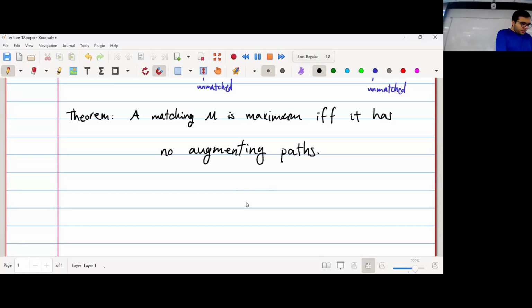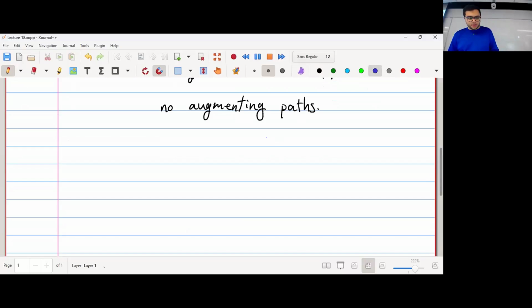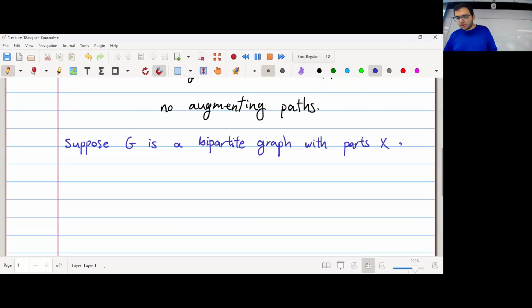Okay. But now I want to look at a different thing. I want to say, suppose my graph is bipartite. What can I say about a maximum matching in a bipartite graph? So suppose G is a bipartite graph, and let's say it has two parts, with parts X and Y. And let's say that X is the smaller part.